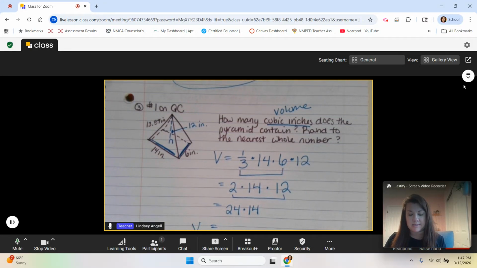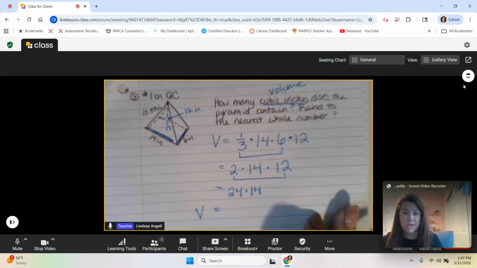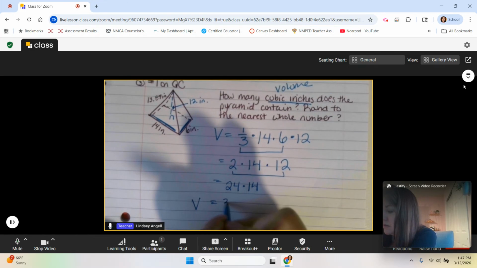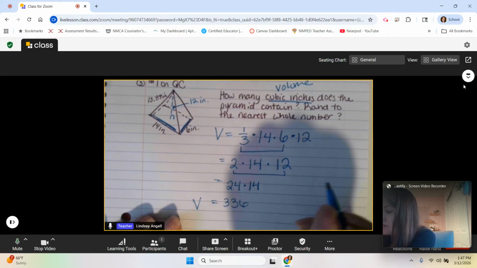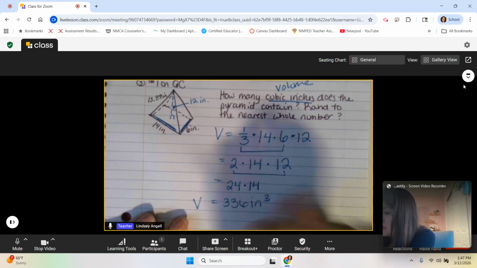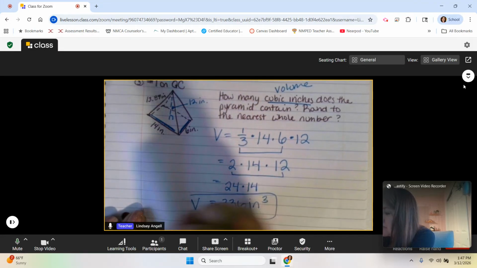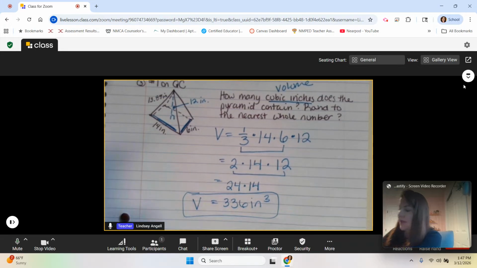That gives us 336. We were talking inches and it's volume, so they should be cubed. Oh, and it said round to the nearest whole number. It was already in whole numbers. We didn't use the decimal at all. So everything was good.